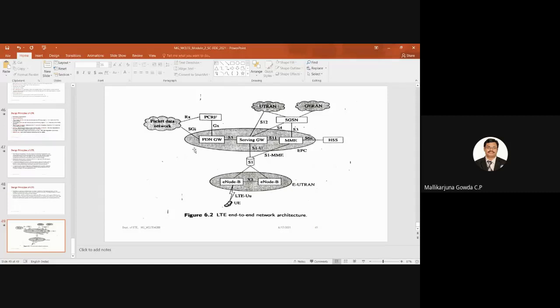Yes, quickly. Similarly, I will be asking other students to say just one or two functions because I don't want to go again in depth. I said already I have spent enough time discussing the architecture of LTE.